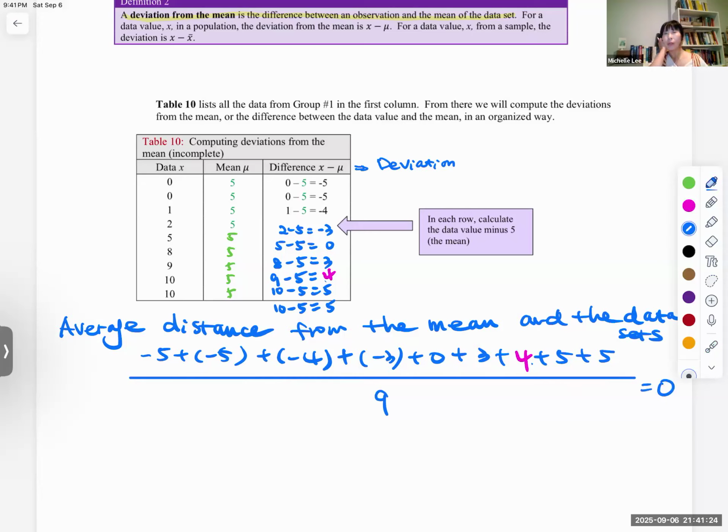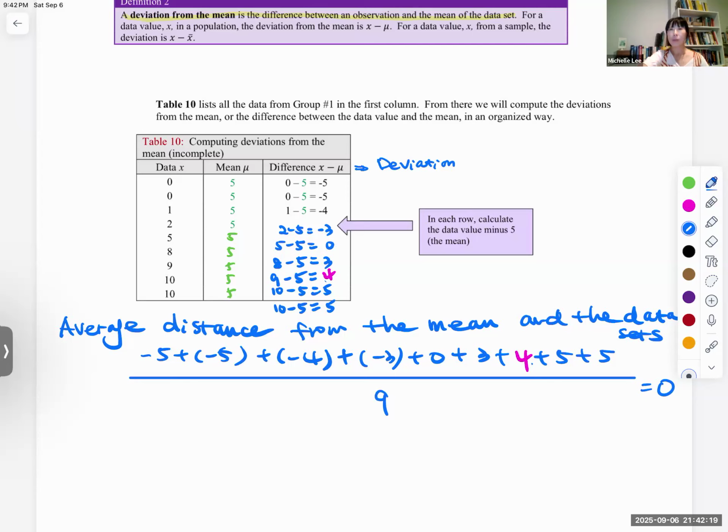Okay, then we want to know the average distance from the mean in the data set, which will be the standard deviation, right? But then we get 0, and this is not working. Then what do we do? How about we square them?